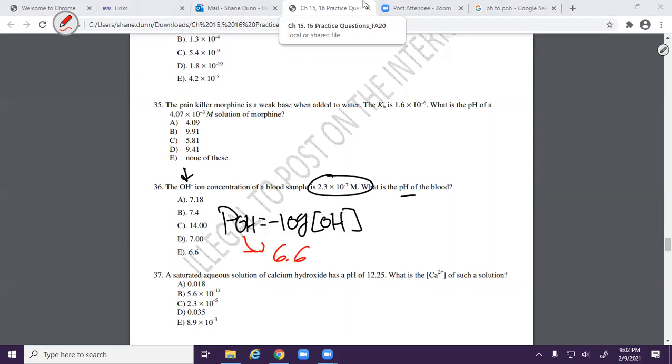Anyone else get that? Okay, 6.6. Good. Is that pH? Okay, how do I find pH? 14 minus pOH. Right? That make sense? So 14 minus the pOH, and plug this in to here.